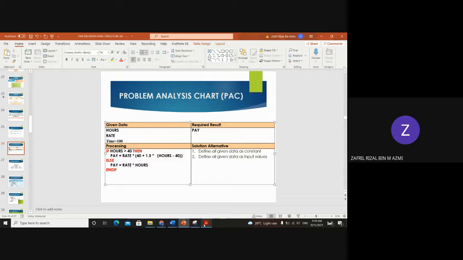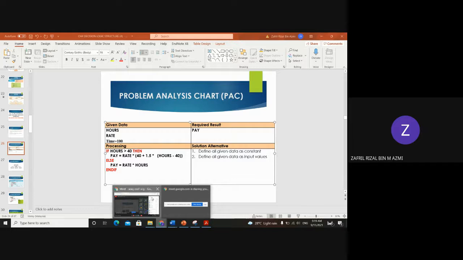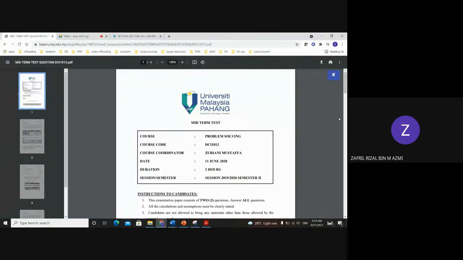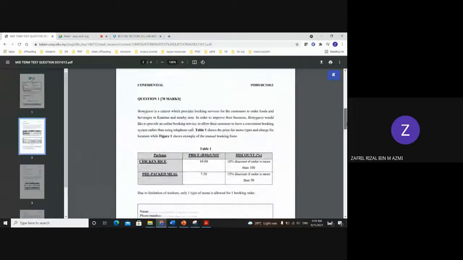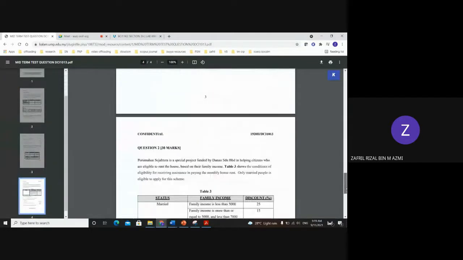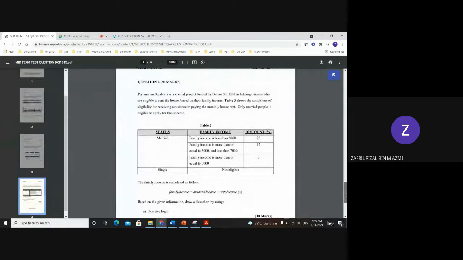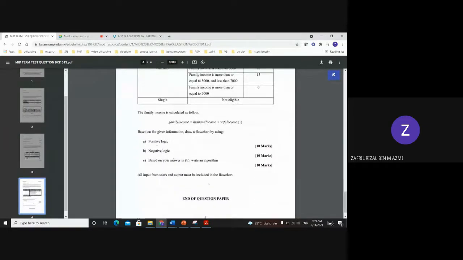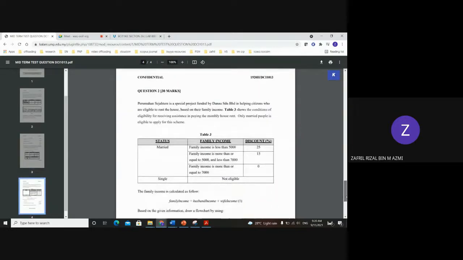Okay, any other question? If not, then go to the lab exercise. Question 2 is related to the positive and negative logic structure. We have about 40 minutes left. Answer question number 2 and update your answer in the lab.